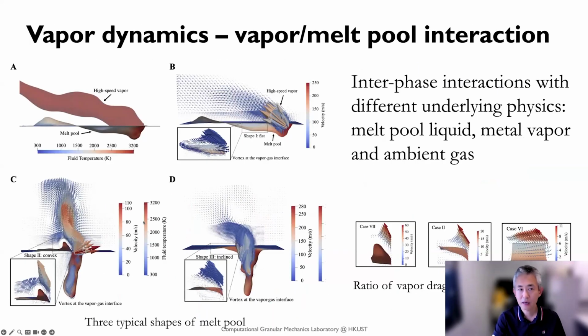And here are other different cases, which really depend on the laser source power, as well as the scanning velocity and the scanning direction here. Okay, and if your power is low, your keyhole is not apparent, it's just a small dip here, and you can generate such a process.